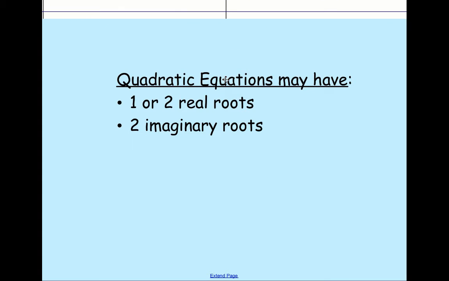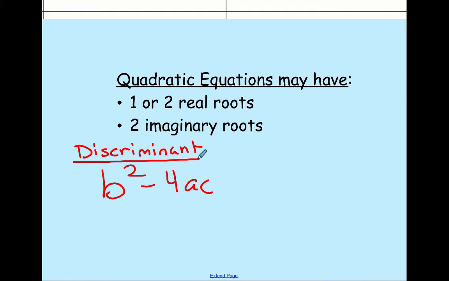And that's because quadratic equations are always going to have 1 or 2 real roots, or they're going to have 2 imaginary roots. And how we can tell that is from what's underneath the square root sign, which is the b squared minus 4ac. Basically what the discriminant says is that there are three possibilities.